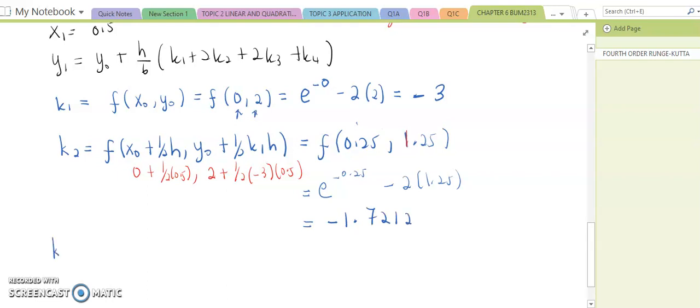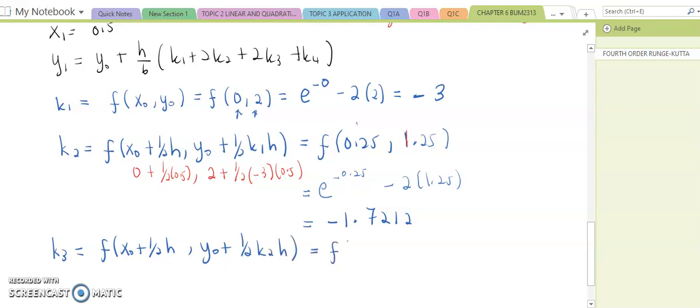Okay, next, k3 equals f of x0 plus half h, comma, y0 plus half k2h.